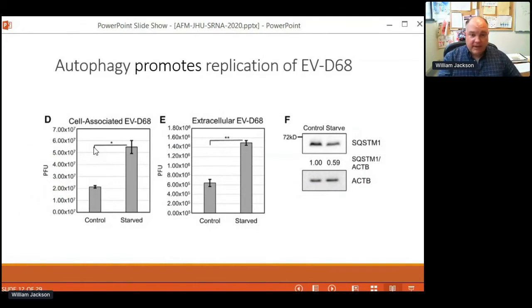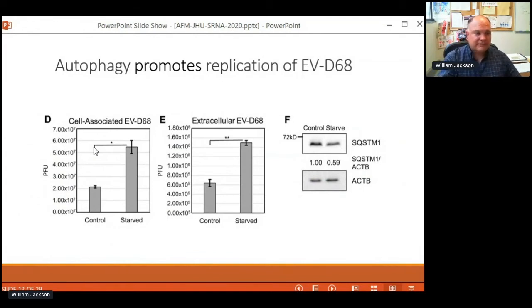And we can verify using that p62 SQSTM1 protein that we are indeed inducing autophagy with starvation. I'm not going to walk you through all of the data, but we've shown this in multiple ways for both EV-D68 and numerous other picornaviruses, that the viruses actually thrive from the induction of autophagy, which we found a little surprising at first.